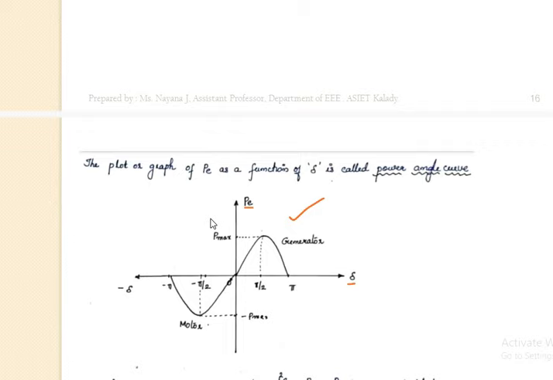Then the power angle equation, PE is equal to P max sine delta. That is a simplified form of the power angle equation, where P max is the maximum power being transmitted from the sending end to the receiving end, and P max is equal to E1 E2 by X. E1 is the sending end voltage, E2 is the receiving end voltage, X12 is the reactance of the transmission line between the sending end and the receiving end, and delta is the load angle.